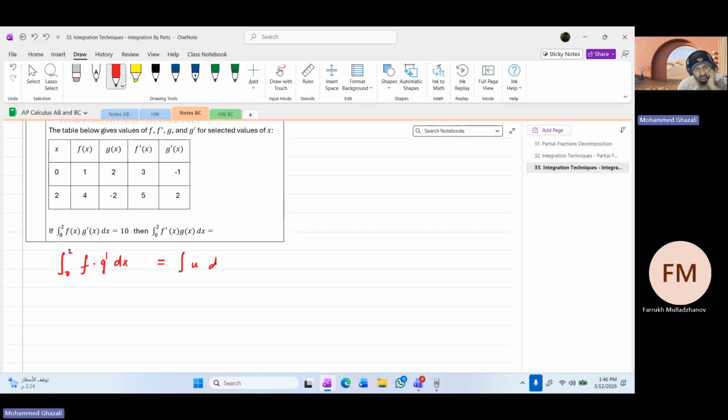The integral of u dv is equal to uv minus the integral of v du. So let's look at this. Let u equal f of x.